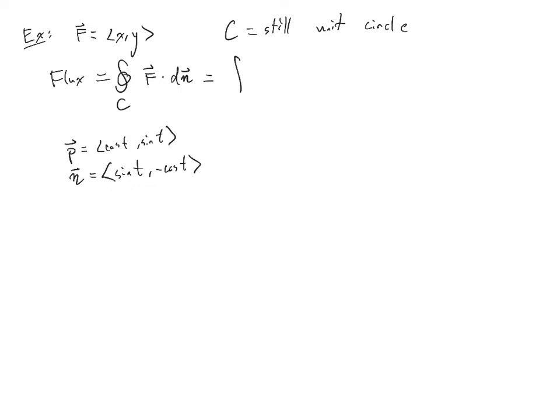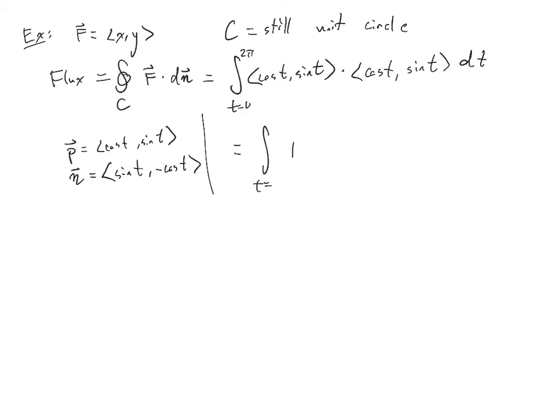So my flux becomes the integral as t goes from 0 to 2 pi of f of p of t, that's cosine t, sine t, dot cosine t, sine t, dt. And that means my flux is now cosine squared plus sine squared, which is 1, integrated from 0 to 2 pi dt, also known as 2 pi.